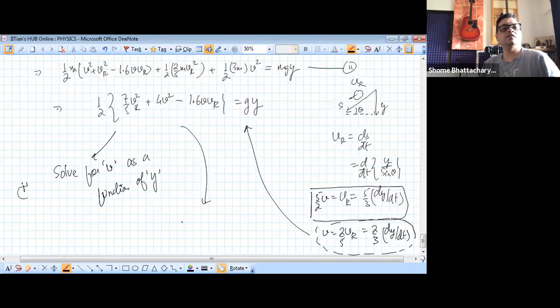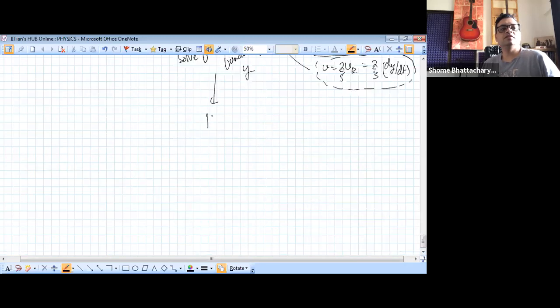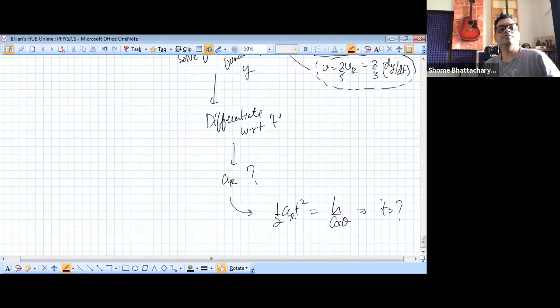And the other is you can solve for V relative as a function of y, then differentiate that with respect to time. Okay. So that will give you a relative. Okay. And then use the relation that half a relative into T square should be equal to H by cos theta. So you will get the time when it reaches the bottom. So that is the second part's answer.